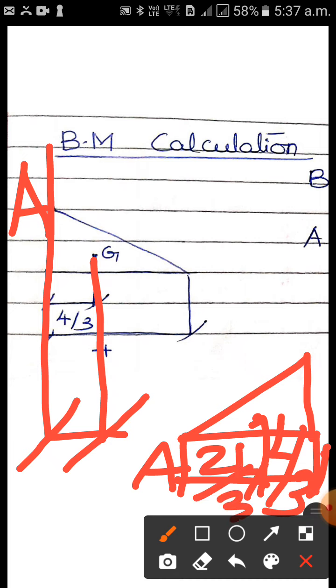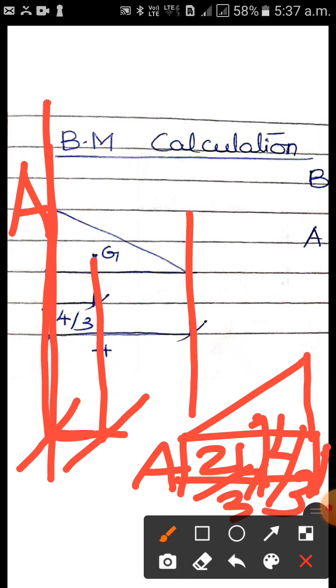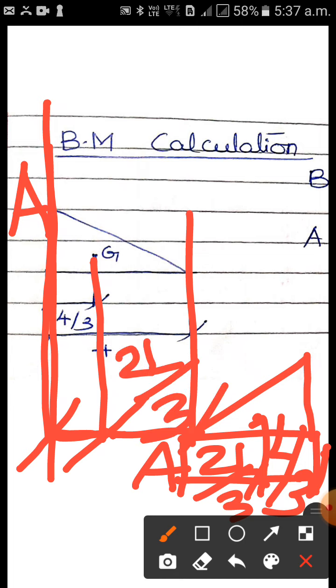So remember, the centroid distance from the straight edge is L by 3, and from the other edge it is 2L by 3. Why are we taking L by 3 here? Because it is measured from the straight edge. Hope you understand.